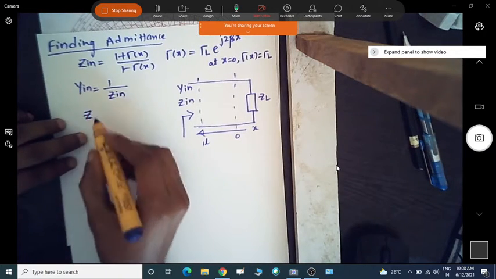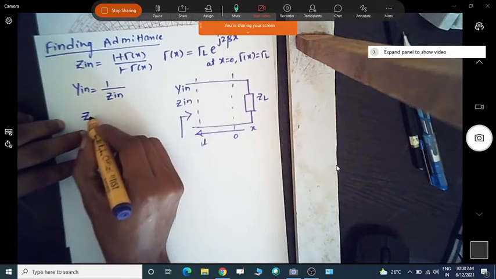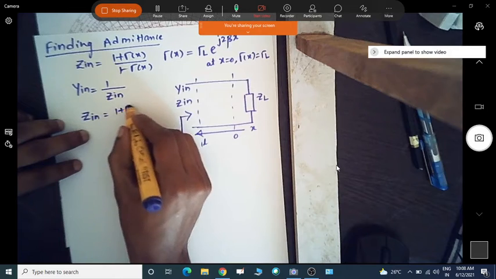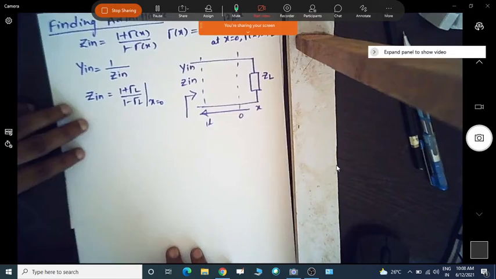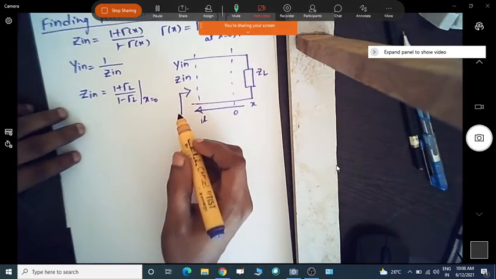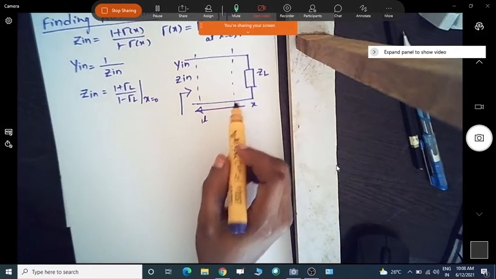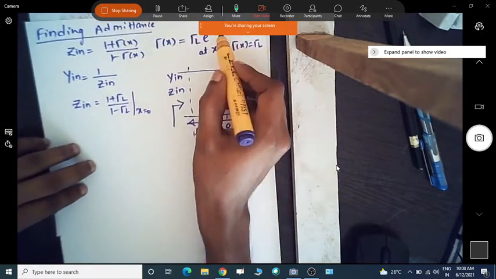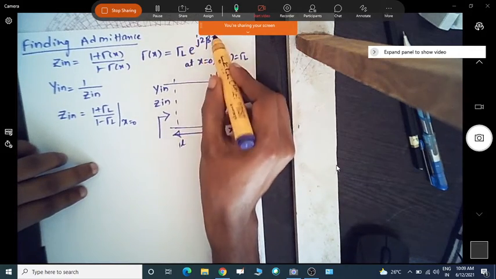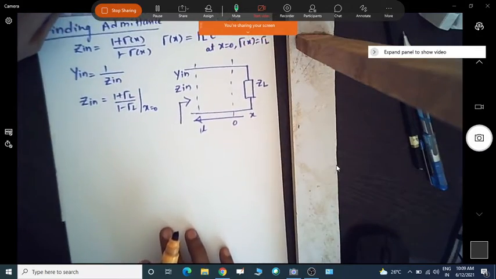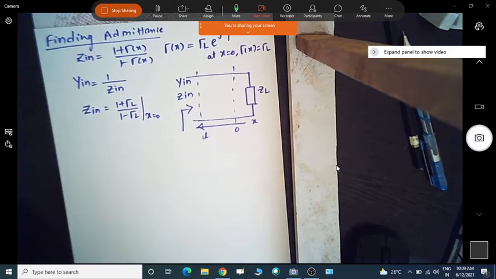Okay, so at x equal to 0, your input impedance is nothing but 1 plus gamma L divided by 1 minus gamma L. So at this load point, the phase will be 0. Now if I put x equal to 0 here, this phase will be 0. Okay, so now we will get the admittance where we will get the phase equal to 0.